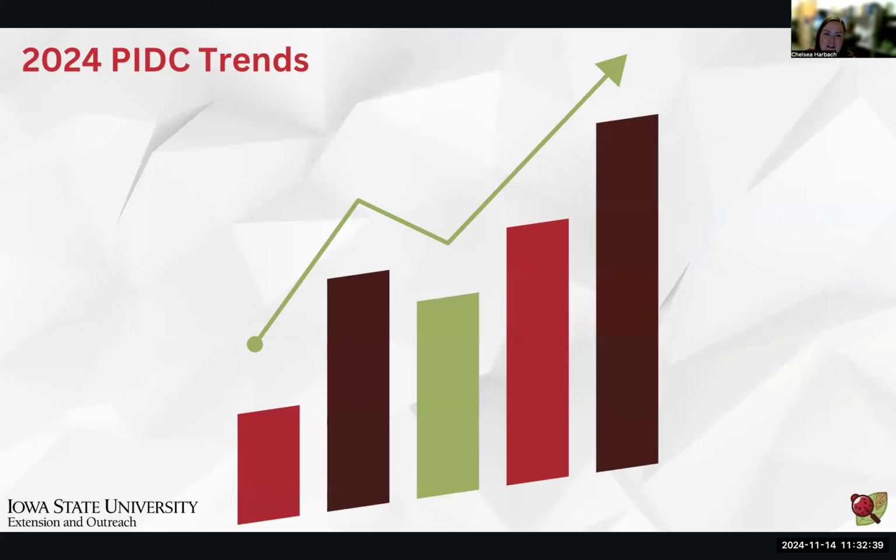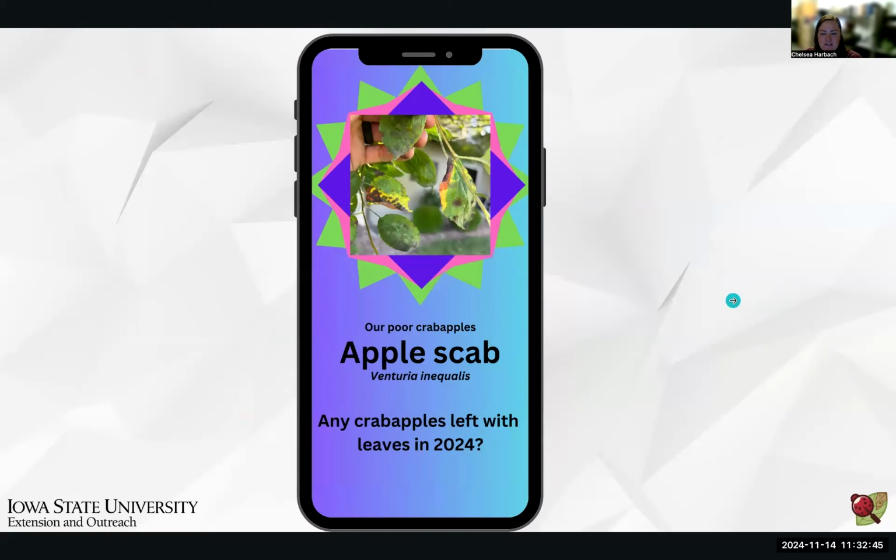Onto the fun stuff, our trends from 2024. So starting off early in the year, this was pretty apparent that this was going to be a big problem: apple scab.